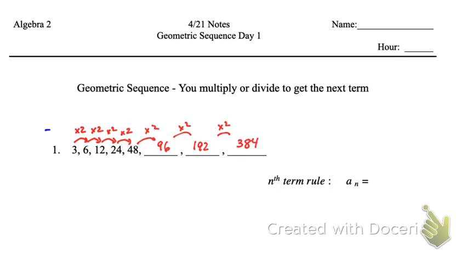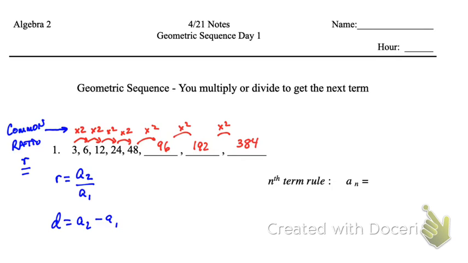Now, this number that we multiply by in a geometric sequence is called the common ratio, and it gets the variable r. The surefire way to find your r is to take any number in your list and divide it by the number in front of it. Remember, last week to find d, we could take any number in our list and subtract the number in front of it.